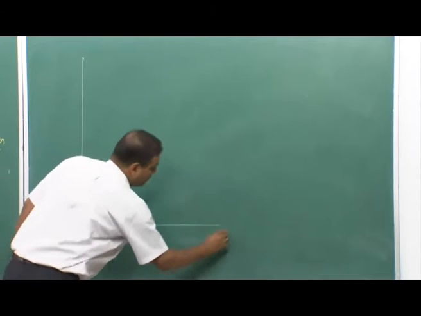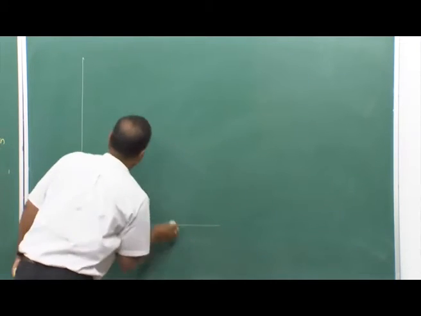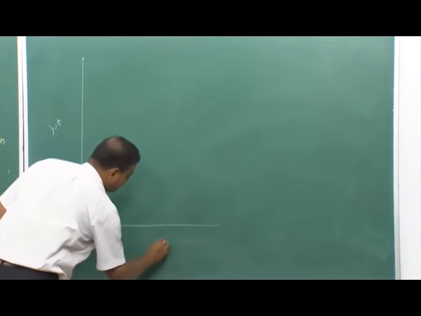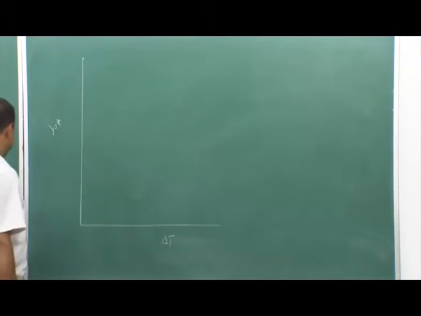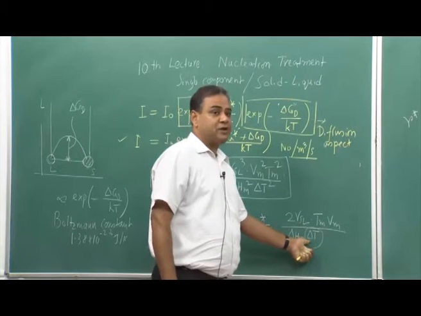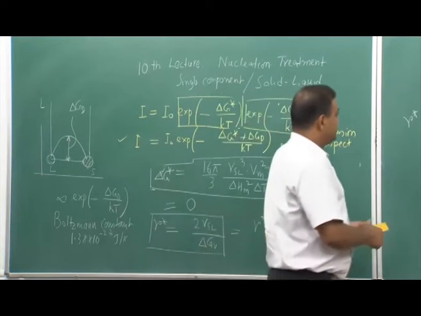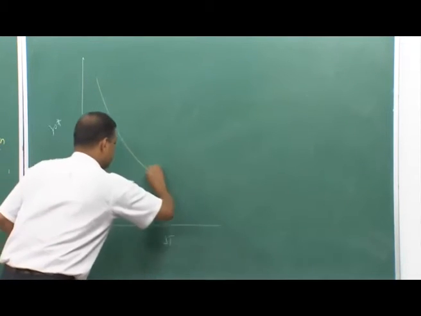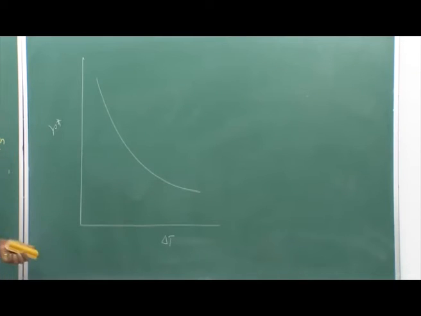If I try to plot R star as a function of del T, we see that R star is inversely proportional to del T, so R star would have a very high value and then gradually decrease like this.